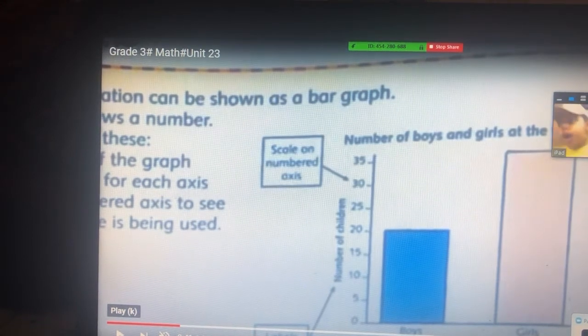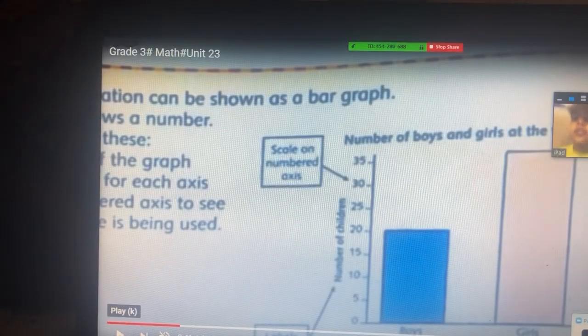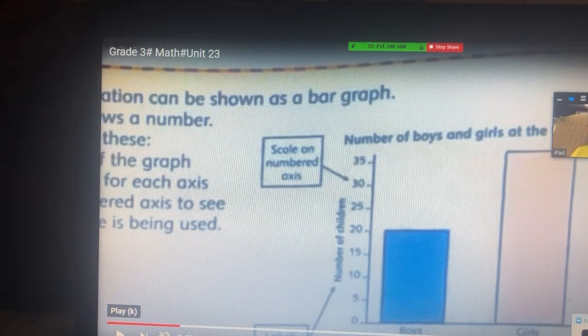Read, Yasin. Some information can be shown as a bar graph. Each bar shows a number. Always read this.